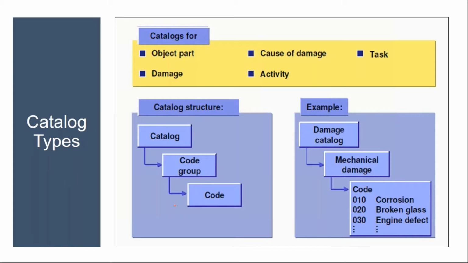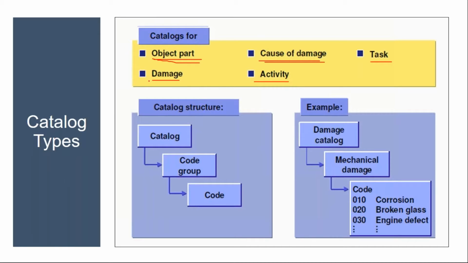In the plant maintenance module we will be using these catalogs: object part, cause of damage, task, damage, and activity. Object part is like a machine part. Cause of damage is the cause for your damage.